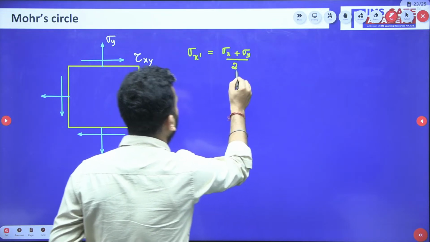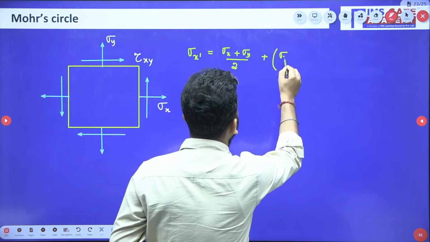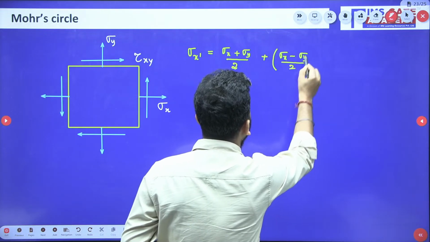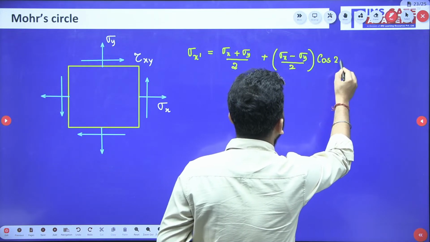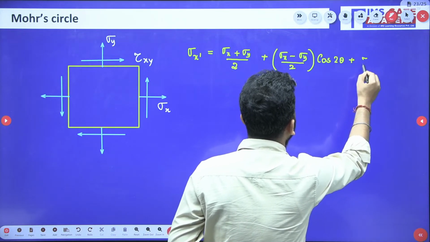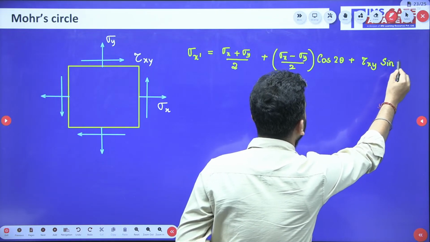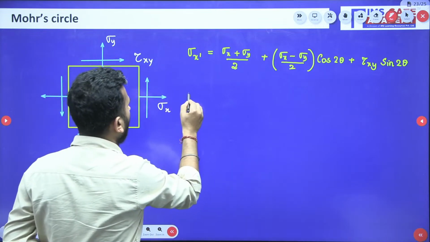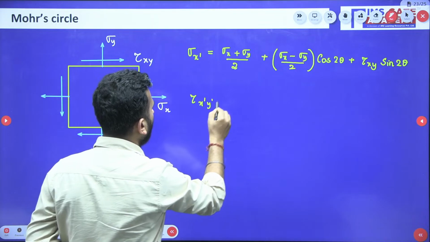This was the transformation equation. And tau x dash y dash, what was there?